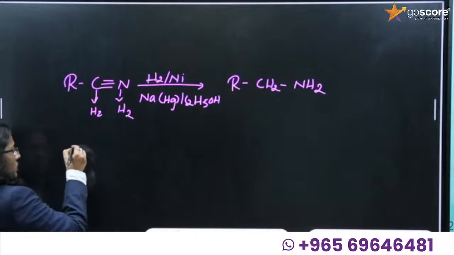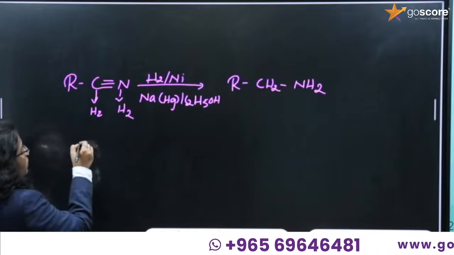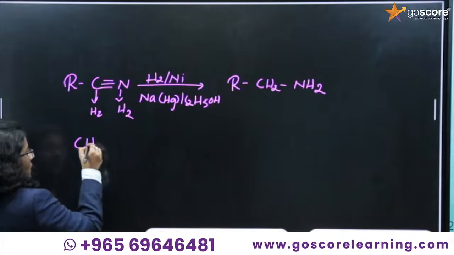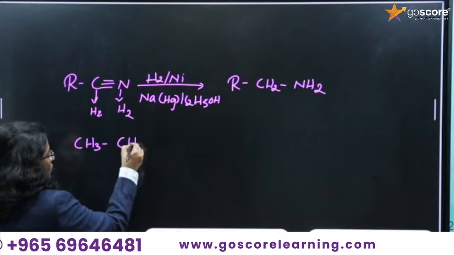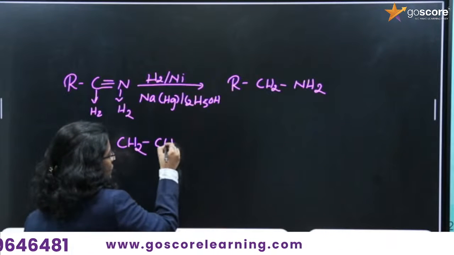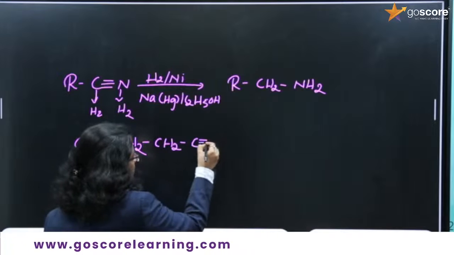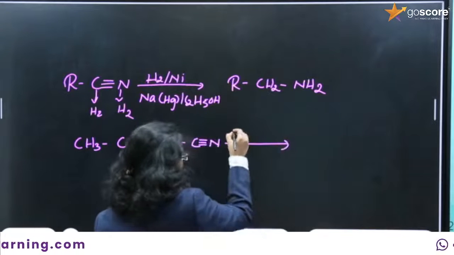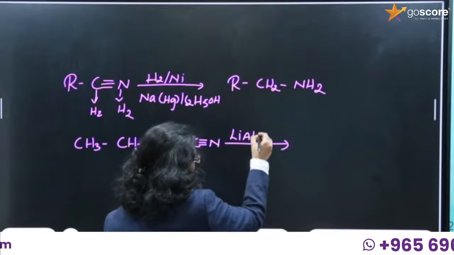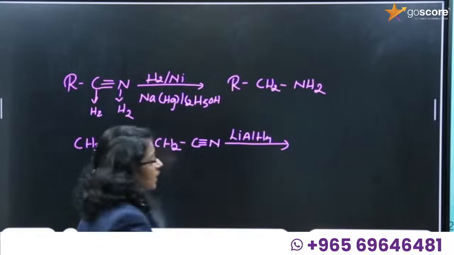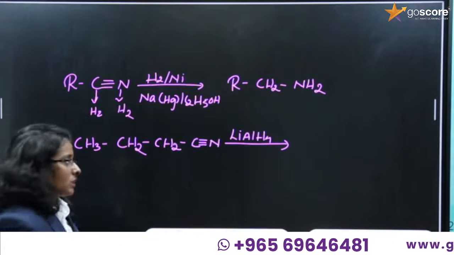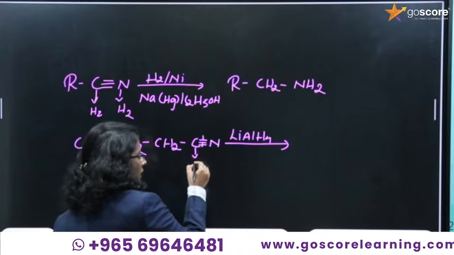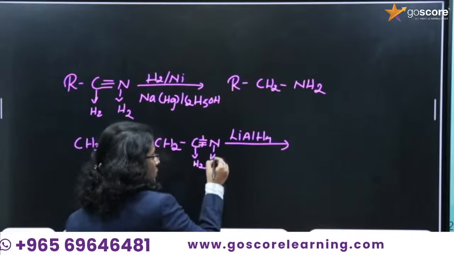So I'll write another compound. We have to predict the product. CH3CH2CH2C≡N in presence of lithium aluminium hydride. So we are reducing with lithium aluminium hydride. What will be the product? The bond will break. Add two hydrogens here and two hydrogens here.